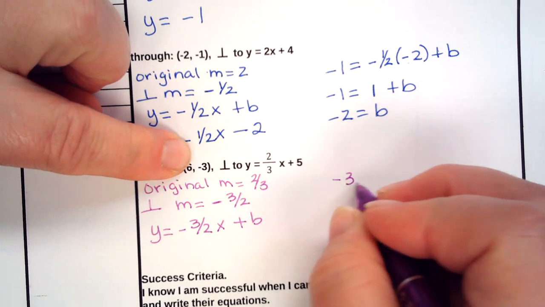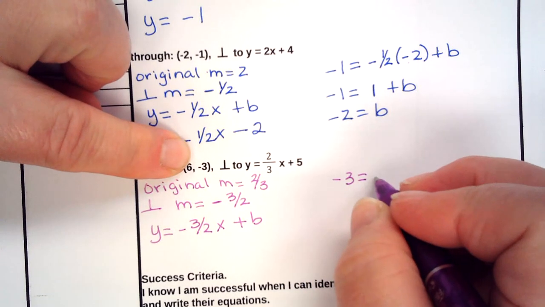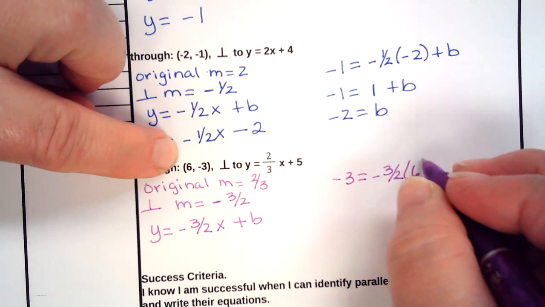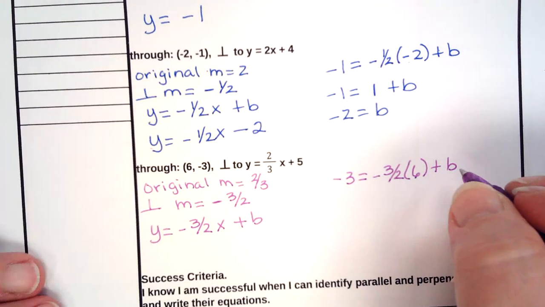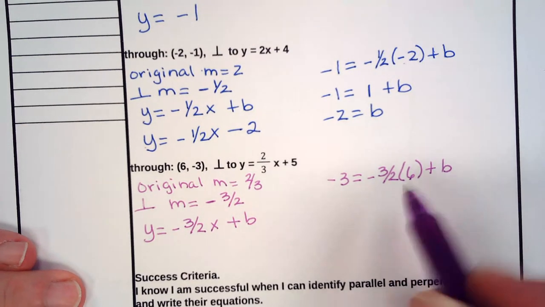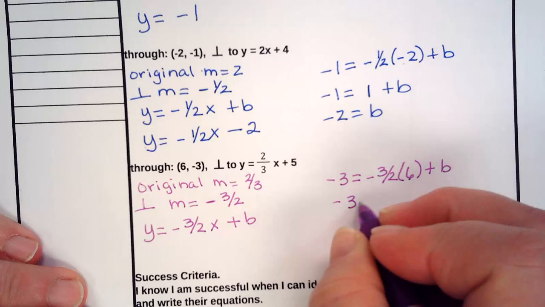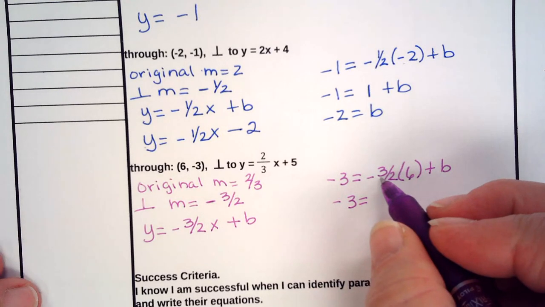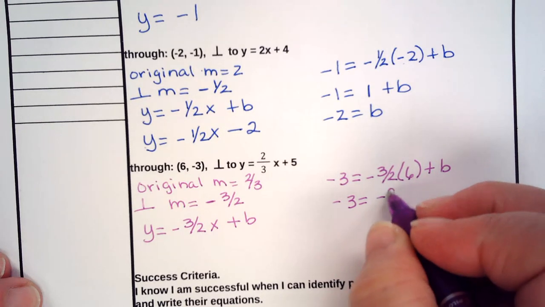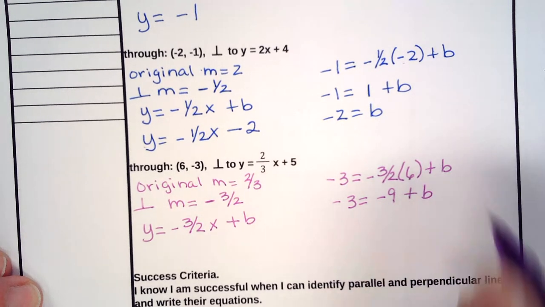Negative 3 is equal to negative 3/2 times 6 plus b. Okay, simplify. Negative 3 is equal to negative 3 times 6 is negative 18 divided by 2 is negative 9 plus b.